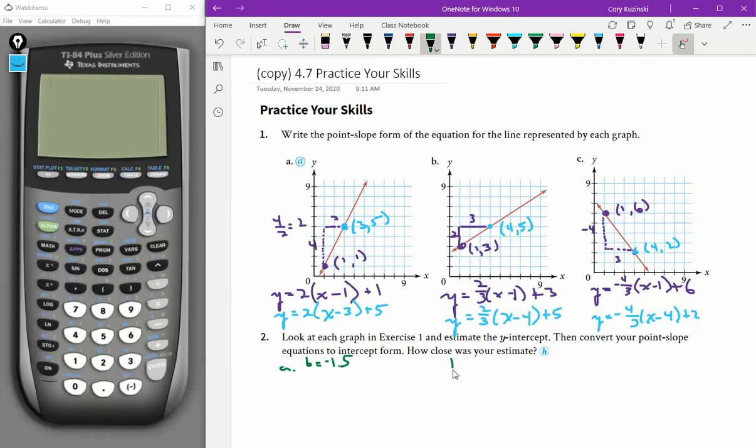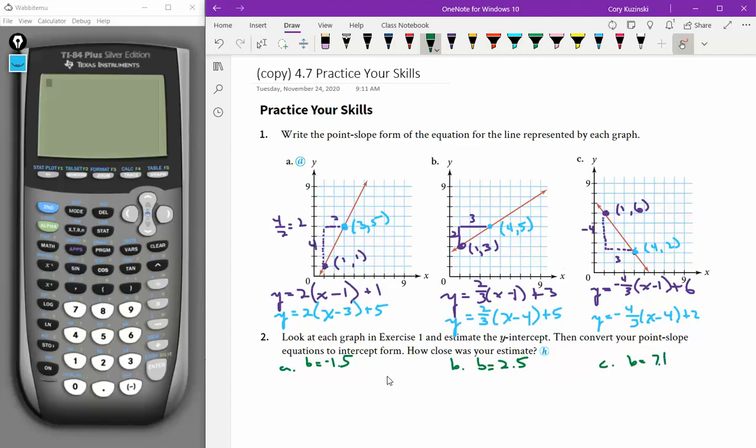For B, my estimate is about 2.5, it looks like. And for C, 1, 2, 3, 4, 5, 6, 7, a little bit above 7, let's say like 7.1, I don't know.